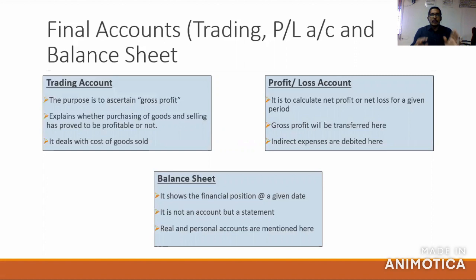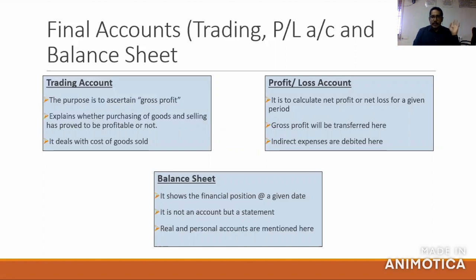So basically, if you need to find out the gross profit, first of all, you should prepare a trading account. It talks about the cost of goods sold. Cost of goods sold means there is a basic formula and it is a logic. We'll do it on the board and see. For the time being, we'll just have an overview about final accounts, right? So trading account means cost of goods sold, it deals with.